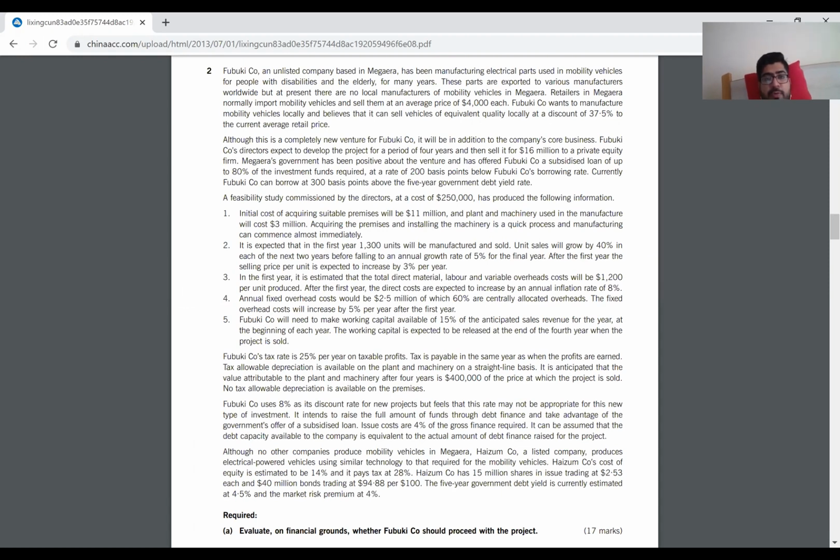These parts are exported to various manufacturers worldwide, but at present there are no local manufacturers of mobility vehicles. Retailers normally import mobility vehicles and sell them at an average price of 4,000 each. Fubuki wants to manufacture mobility vehicles locally.